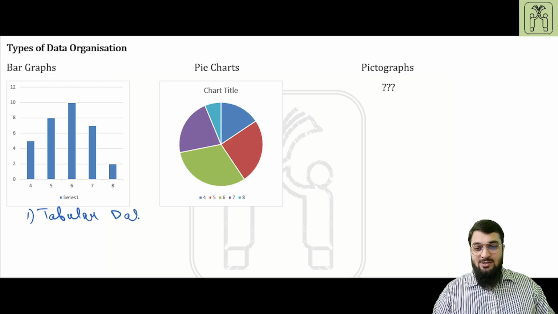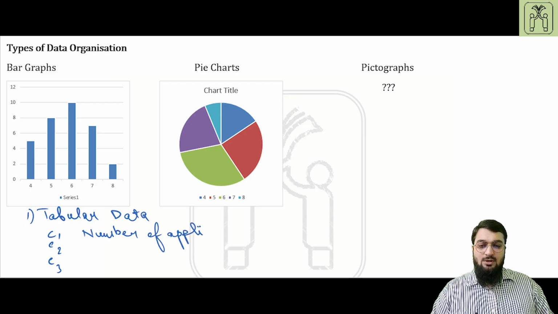In tabular data, you present the choices C1, C2 and C3 in rows, and you represent the number of applicants who have opted for each. Number of applicants or number of voters, you can directly say.